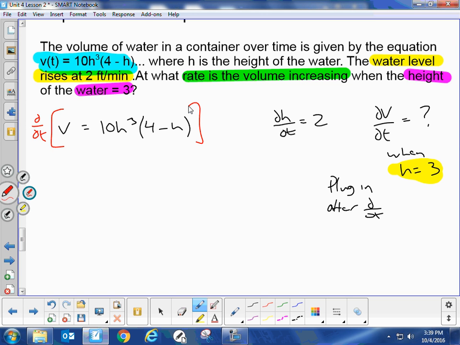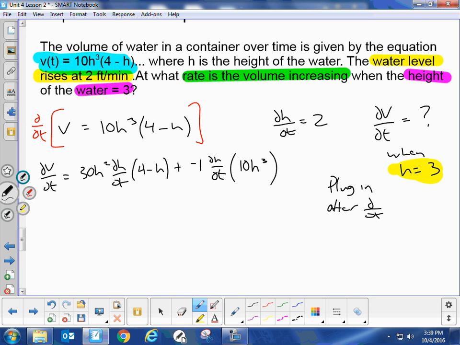Now, in this situation, we could use the product rule. However, I could distribute the 10h cubed as well. Either way would give you the correct answer, but maybe one way is a little bit easier than the other. Let's just use the product rule. Let's say we don't recognize that we can distribute. We'd get 30h squared dh dt times (4 minus h) plus the derivative of 4 minus h, which would be negative 1 dh dt, times 10h cubed.